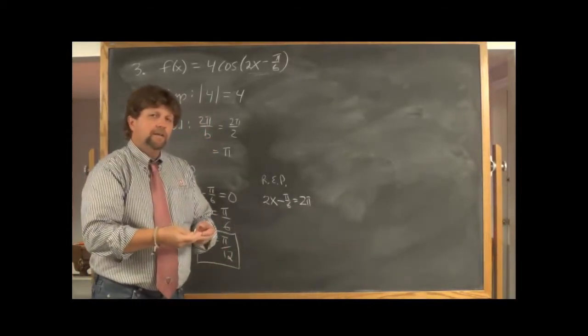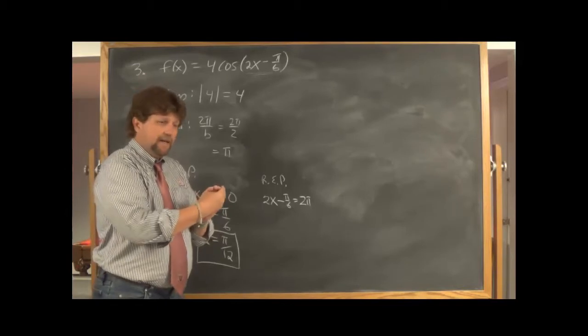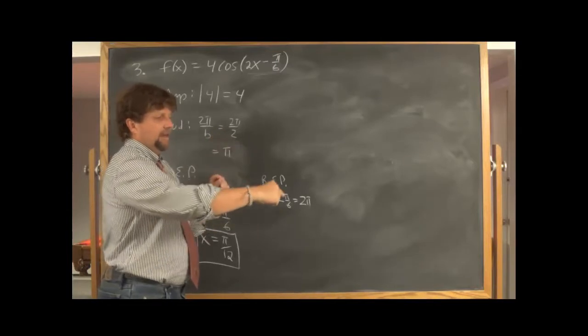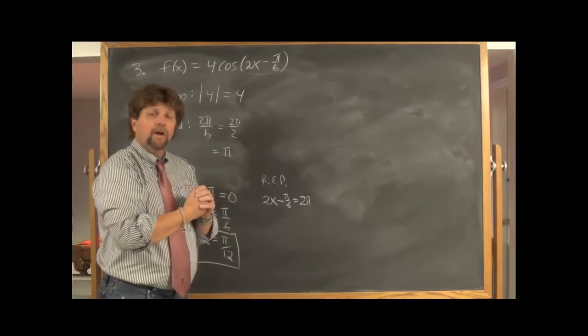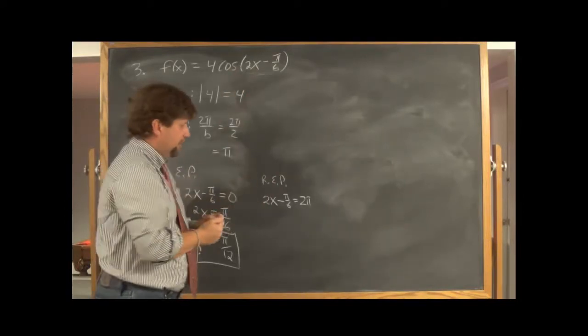Why 2 pi? 2 pi because the basic graph of cosine x, which starts at 0, ends at 2 pi. It's the basic period for cosine. This isn't just cosine, it's cosine of some junk.